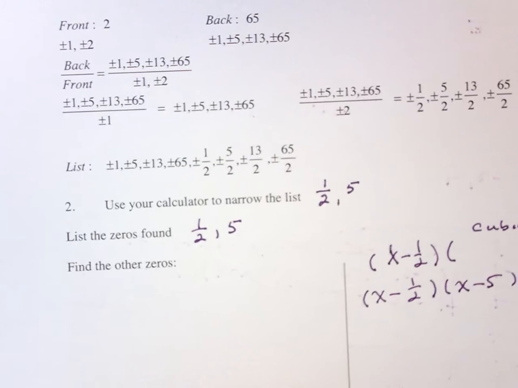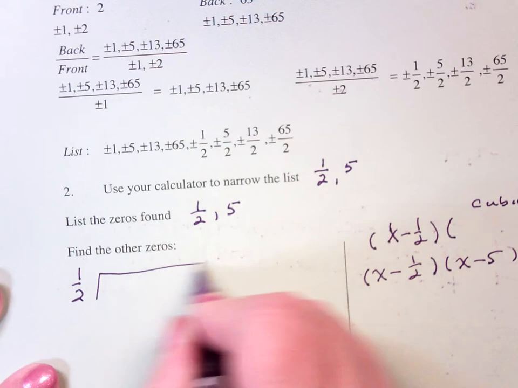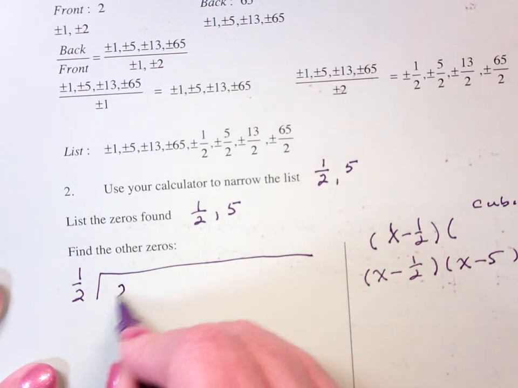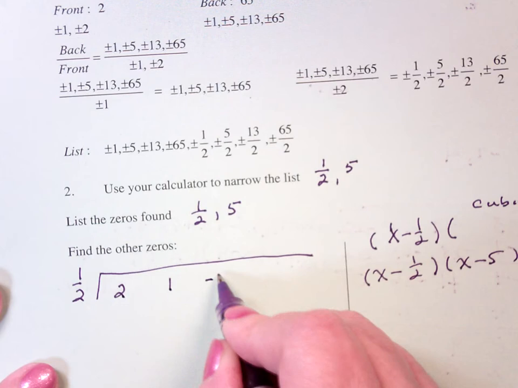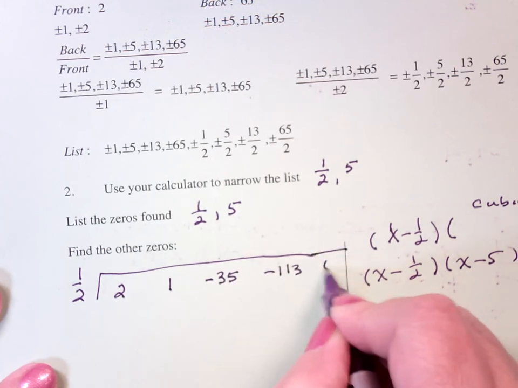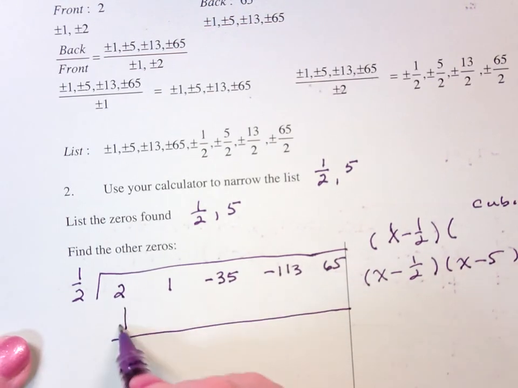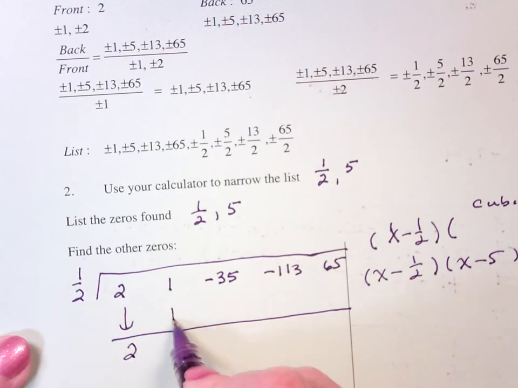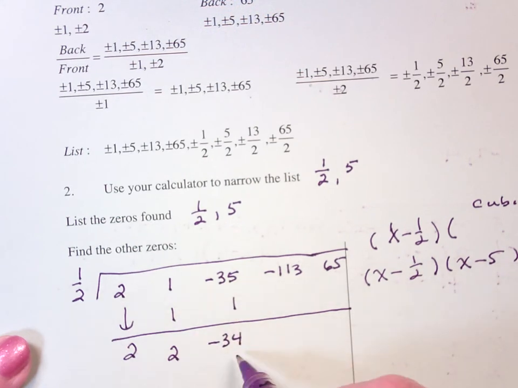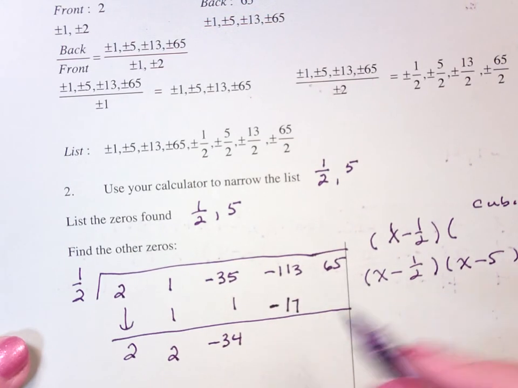So the first thing I'm going to do is take away the 1 half. So I'm going to take 1 half and divide it into 2, 1, negative 35, negative 113, 65, and I should have a remainder of 0. So bring down the 2. 1/2 times 2 is 1, and add. 1/2 times 2 is 1, and add. 1/2 times negative 34 is negative 17, and add.